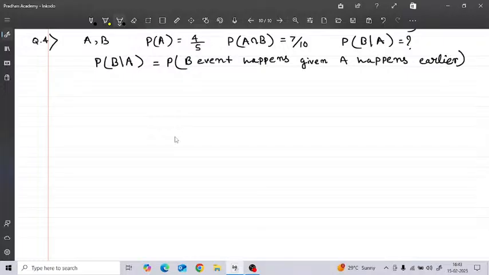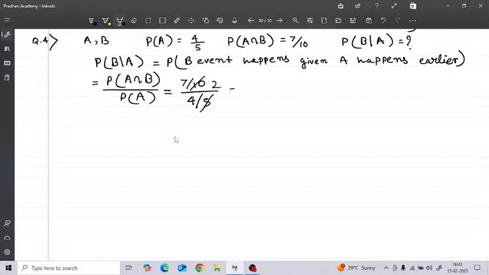Okay, now what is the formula? A intersection B divided by probability of A. Now we have these values 7/10 and 4/5, that is 7/8. An easy problem.